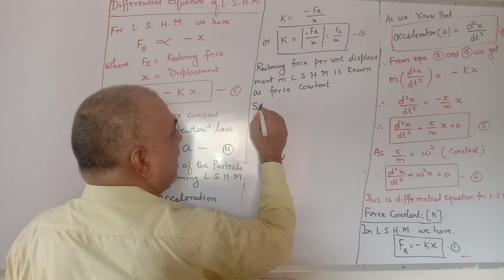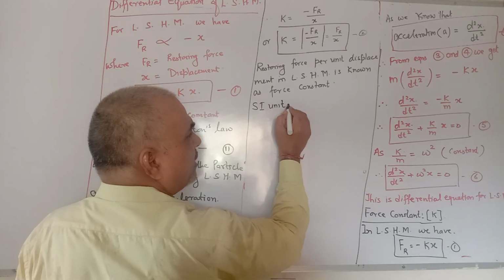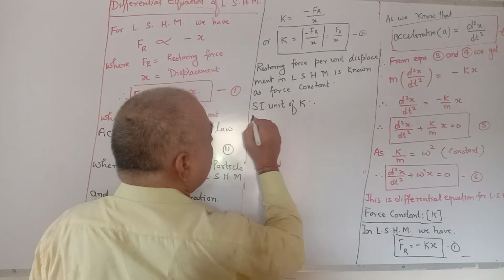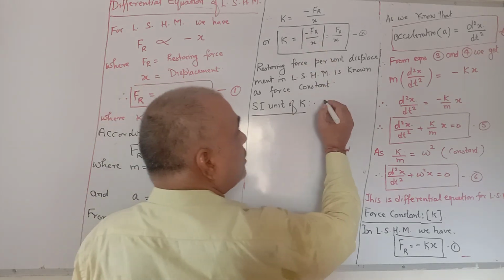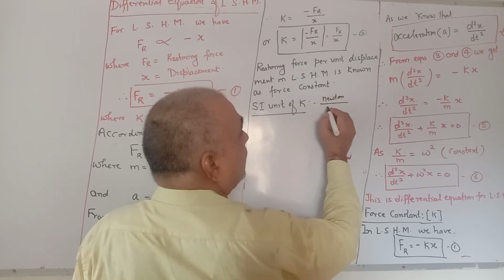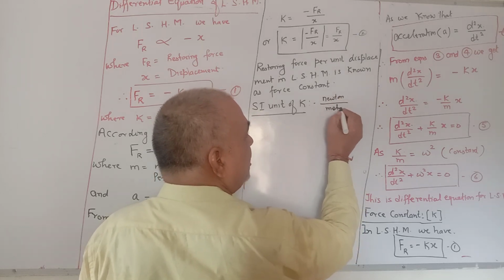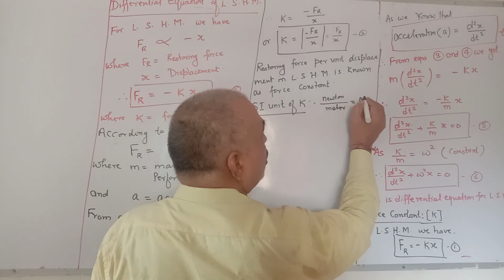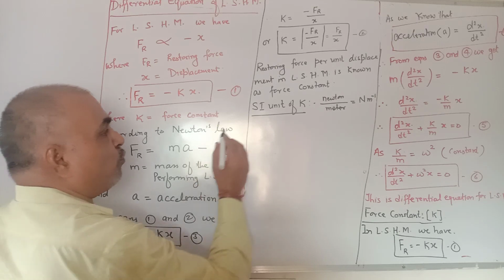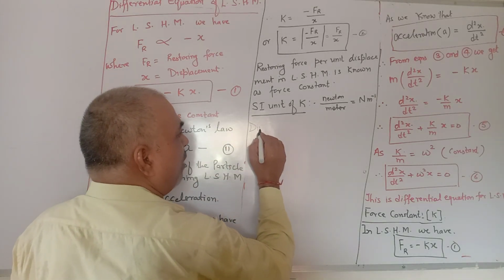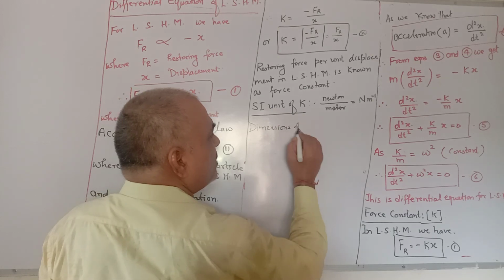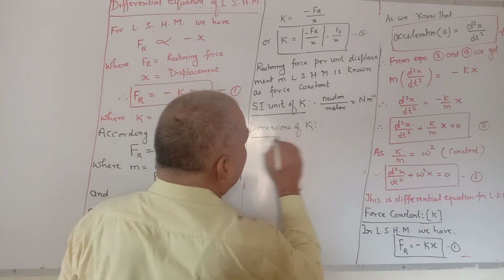What is the SI unit of force constant? SI unit of force constant k is force, that is Newton, upon displacement, that is meter. So it is Newton per meter. And what are the dimensions of force constant?